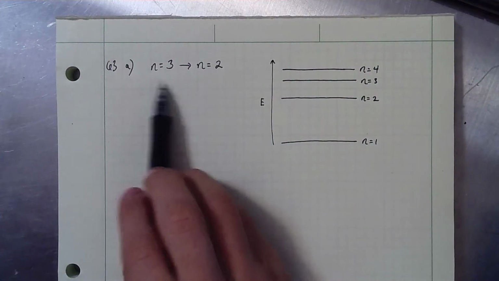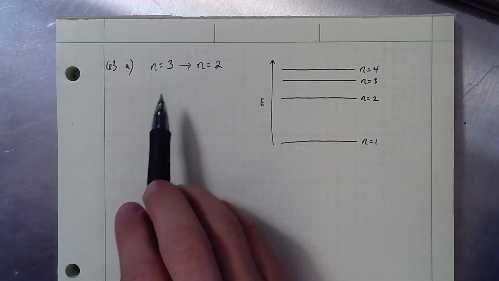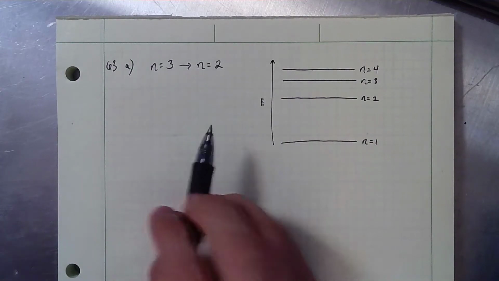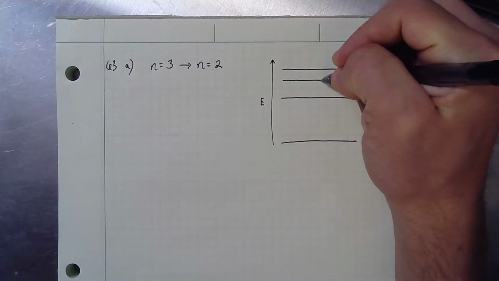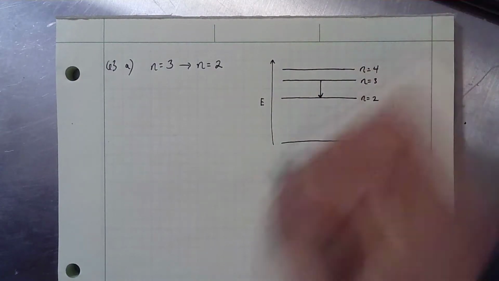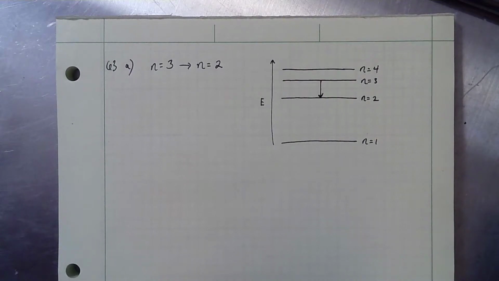So what we're tasked to do is to calculate the wavelength of light emitted when this transition occurs, n equals 3 to n equals 2. So how on earth do we do that?